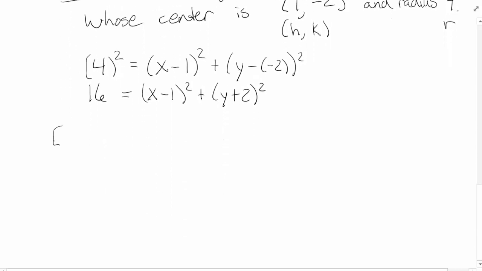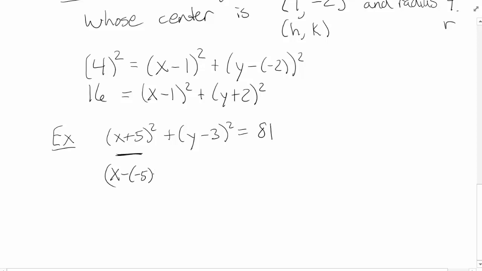You could do an example the other direction too. Let's say you're given a circle, how about (x plus 5) quantity squared plus (y minus 3) squared is equal to, how about 81? The center of that circle is h comma k, and it's always x minus h. So this is the same as (x minus a negative 5) squared.